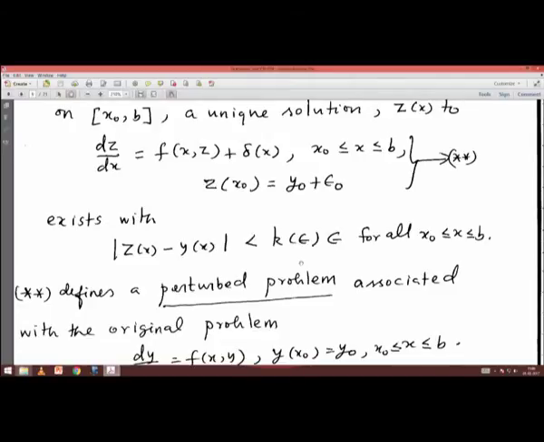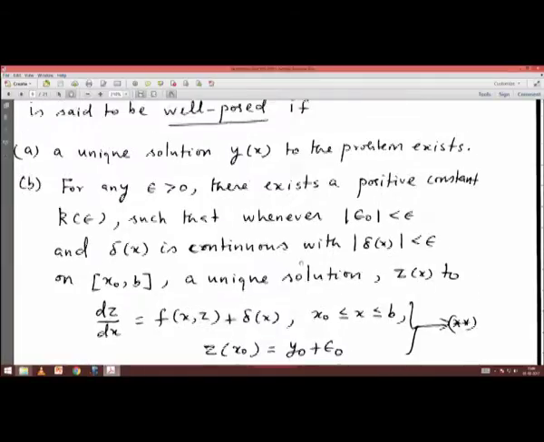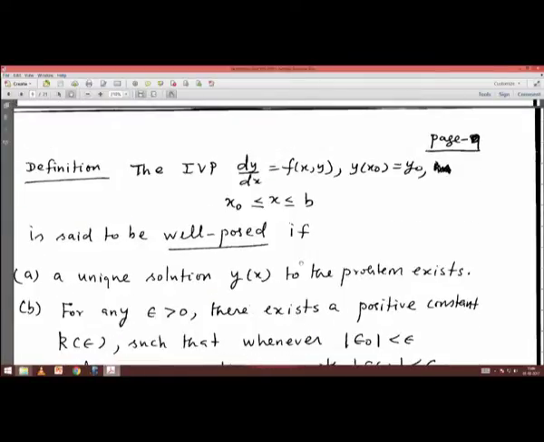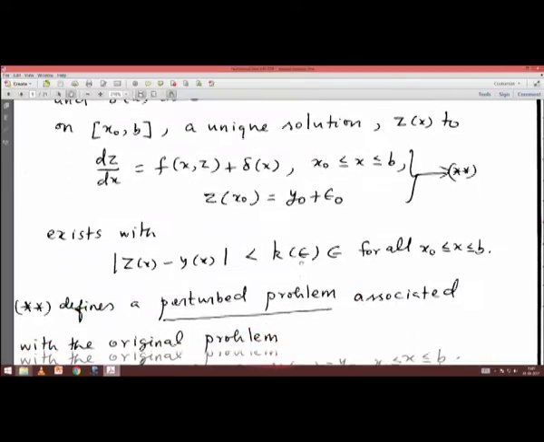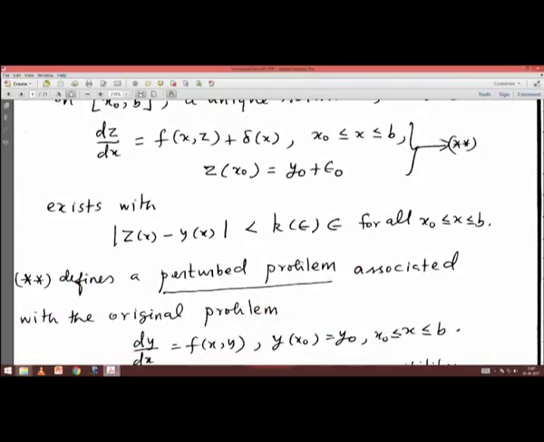I have considered the original problem. What is the original problem? dy by dx is equal to f of x comma y, subject to the condition y of x naught equal to y naught, where x lies between x naught and b. I have also considered another problem. What is that problem? dz by dx is equal to the same f of x comma z.